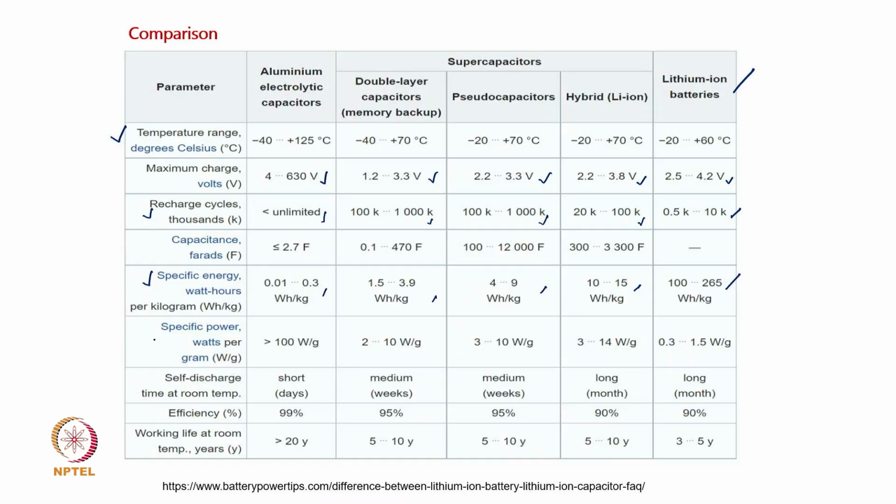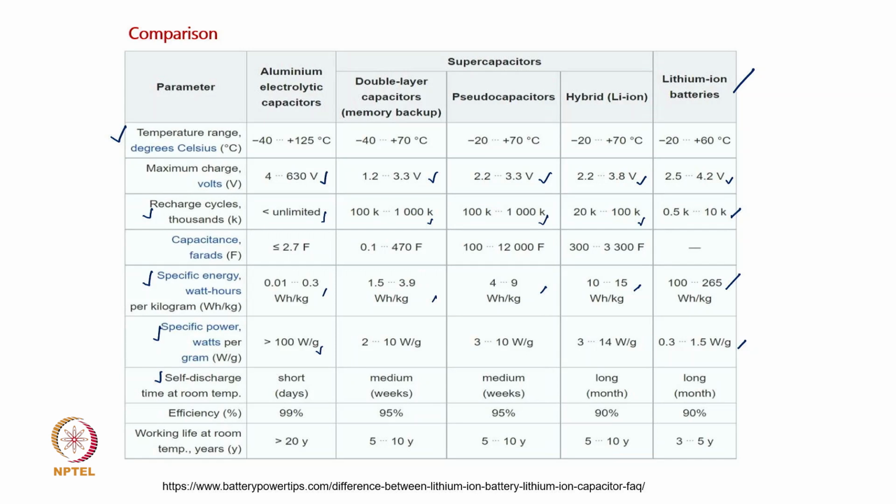Now if we consider specific power, definitely the electrolytic capacitor is higher, then the specific power is slightly less in case of supercapacitor, and it is less in case of lithium ion battery. If we look at the self discharge time, for capacitor it is very small, a few days, and for supercapacitor it is a few weeks.